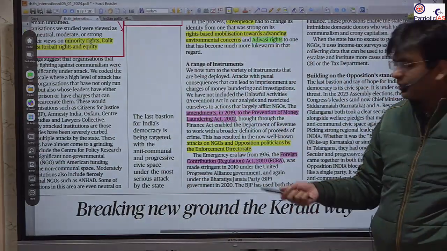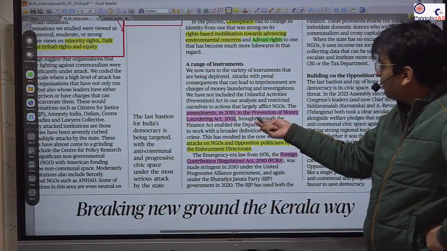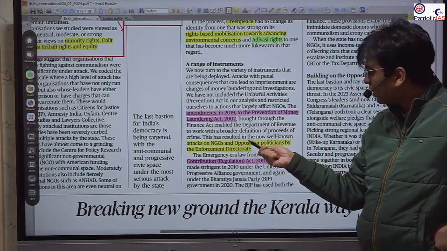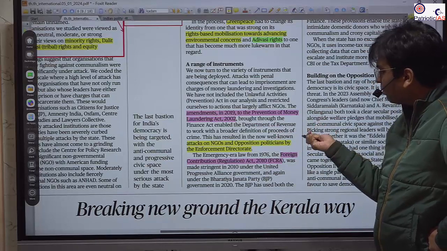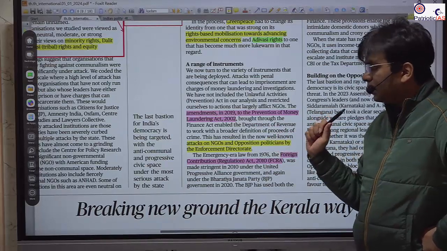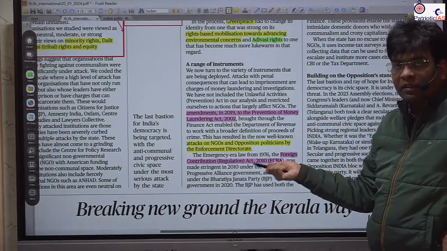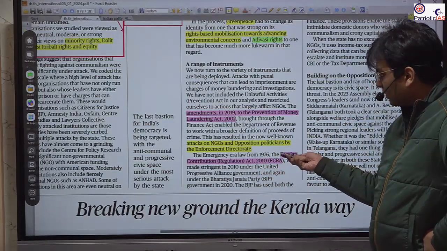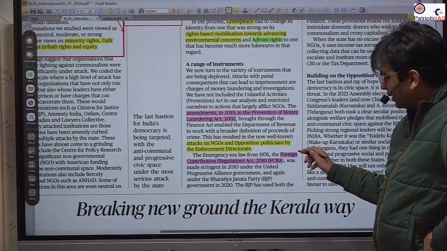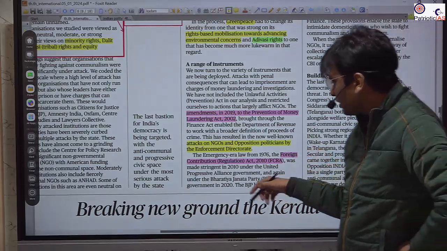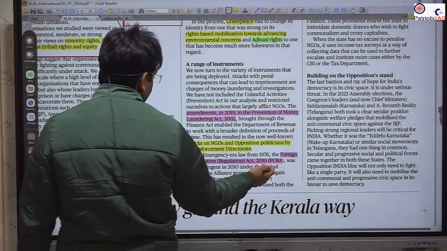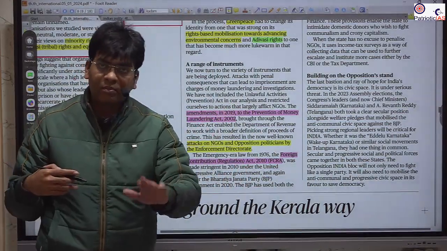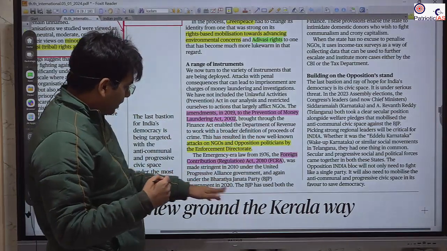Particularly recently, we have seen the amendment to the Prevention of Money Laundering Act 2002, and particularly in 2019, this change brought more power to the Enforcement Directorate, with more searches and other operations. Also, we have seen the change in the Foreign Contribution Regulation Act 2010, done by the previous government, and a 2022 amendment by this government.